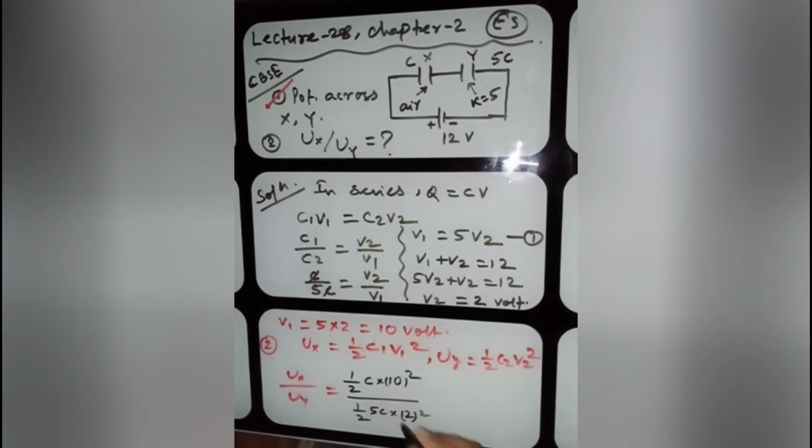Now in the calculation, C will cancel out, half will cancel out. So it is 1 by 5 into 100 divided by 4, which is 5 times. So 5 is to 1 will be the correct answer. So Ux by Uy is 5 to 1.